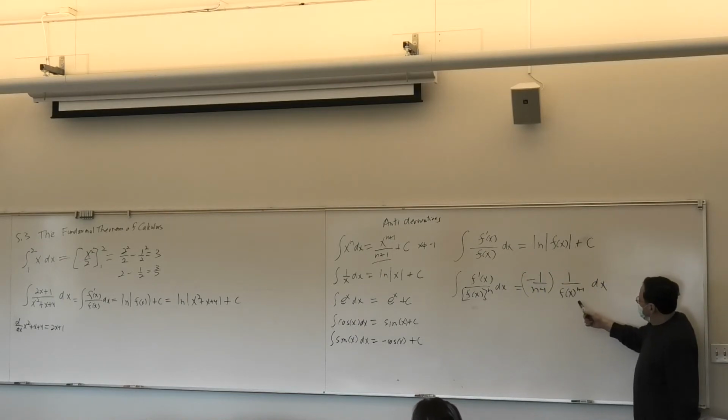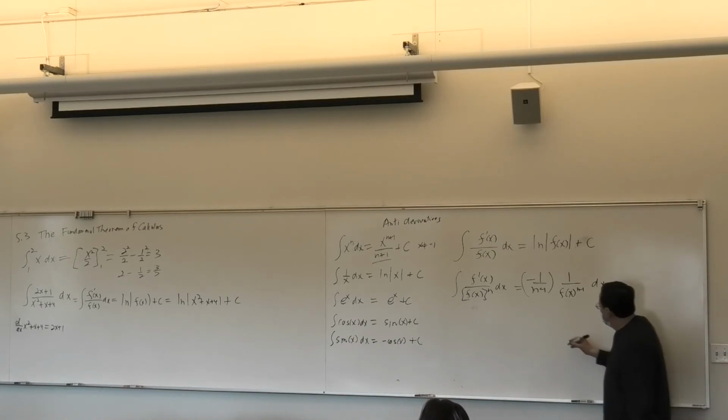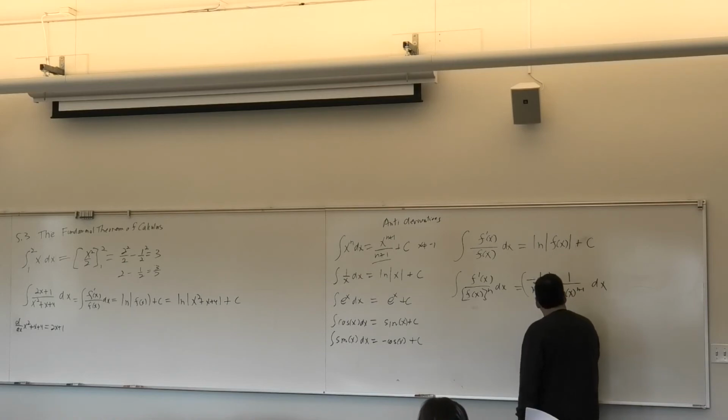Again, it's useful to find the derivative here. This is f of x to the 1 minus n.